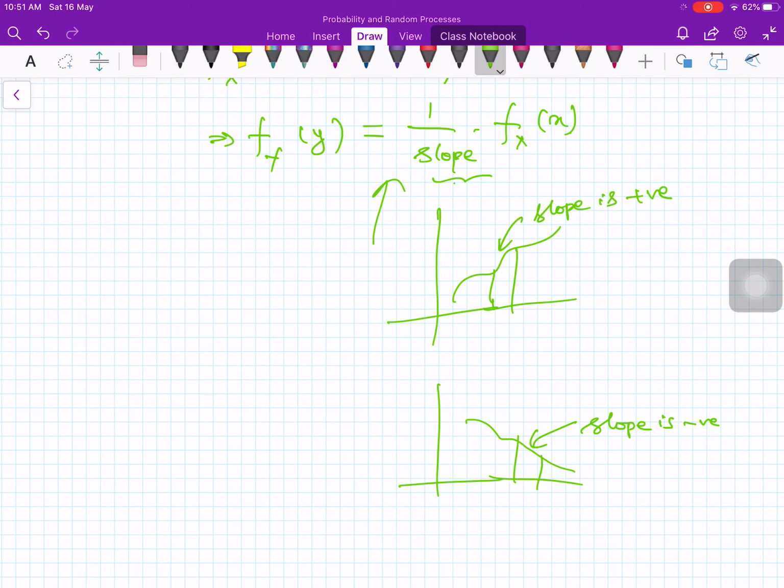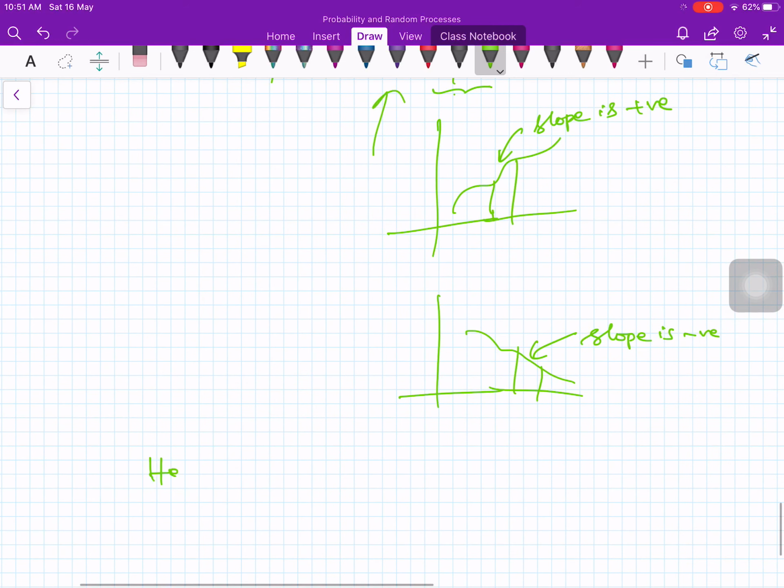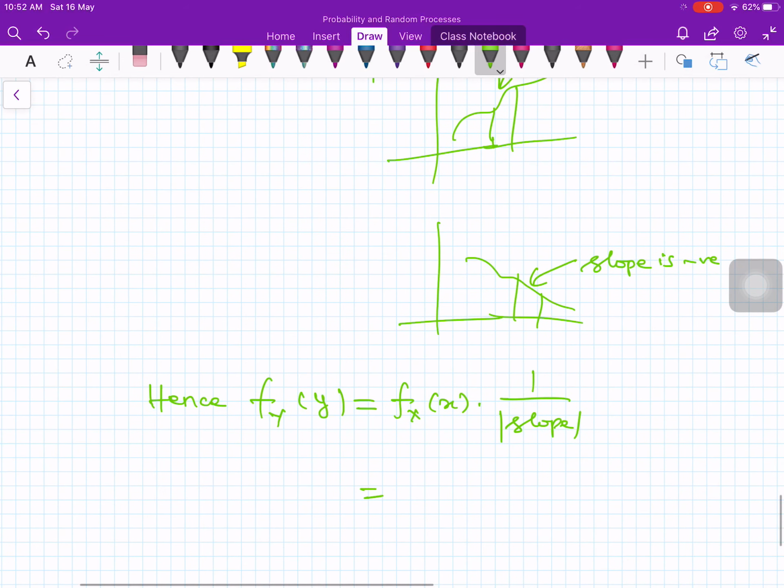Hence f_Y(y) is equal to f_X(x) times 1 by slope, you take the modulus, that is 1 by the modulus of d/dx of g(x), times f_X(x). This is your f_Y(y).